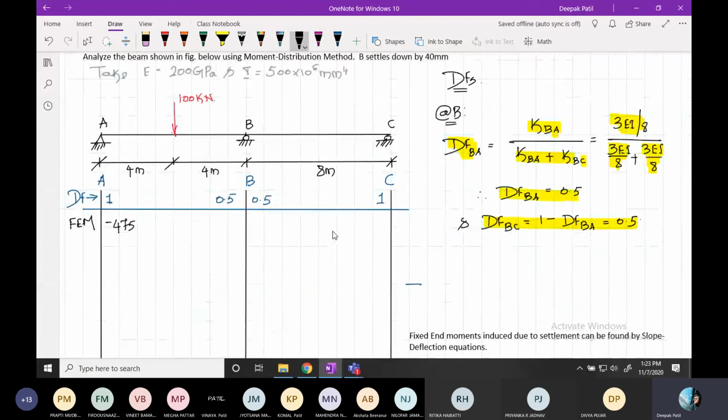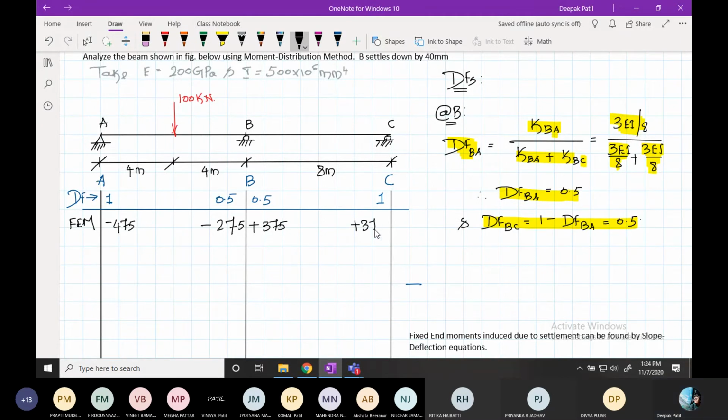Now I'm substituting that in kilonewton meter. So this will be minus 275, this will be plus 375, and this also will be plus 375. Are you clear? Once this is done, the further things are similar as we used to do earlier.